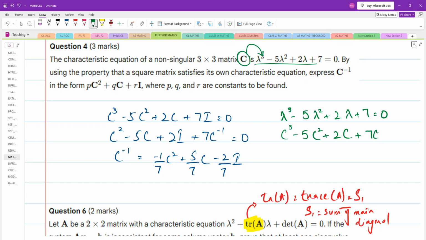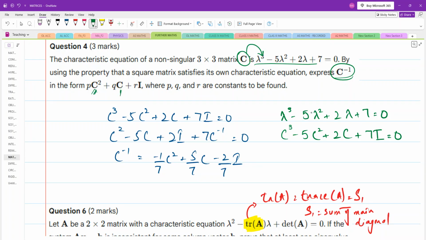Sorry, when we have no number to put here, because this is transformed into a matrix now, and this is a constant, so we're going to be putting an identity matrix. Now, what we need to do is find C inverse and express it in terms of other C matrices.